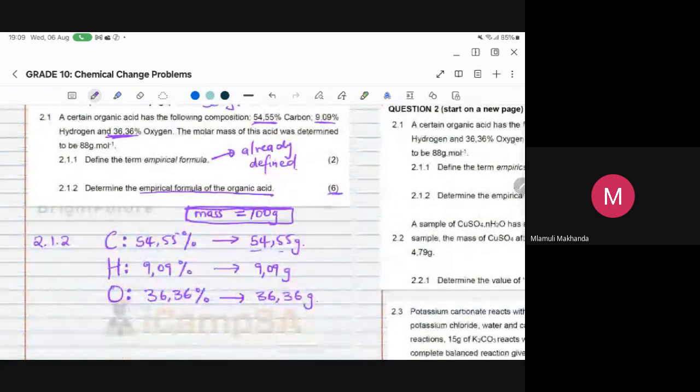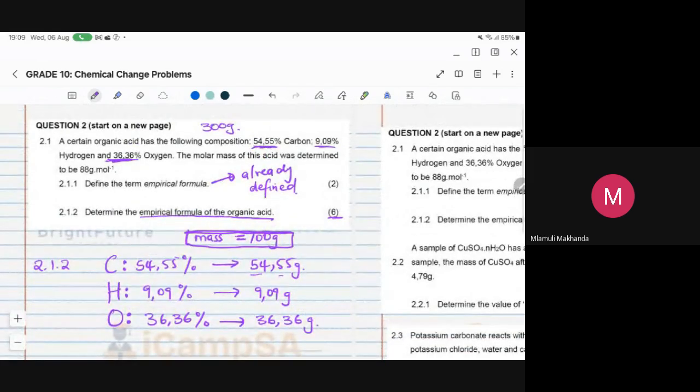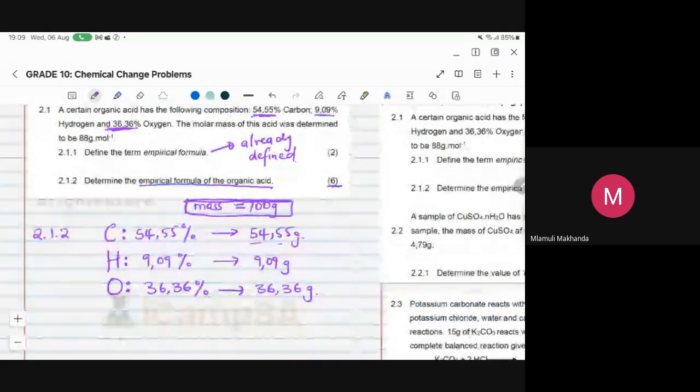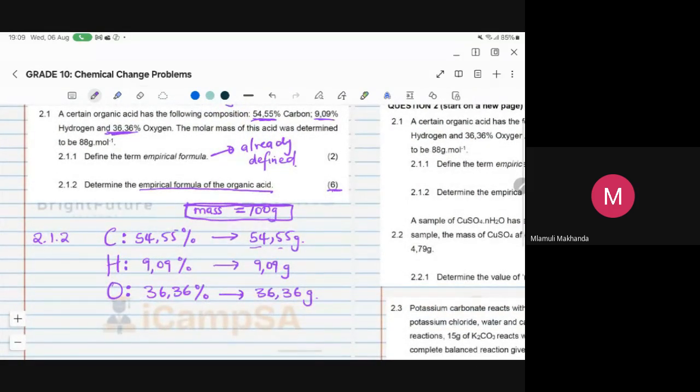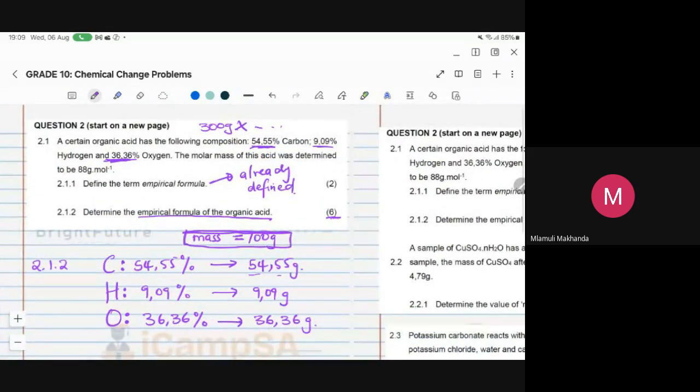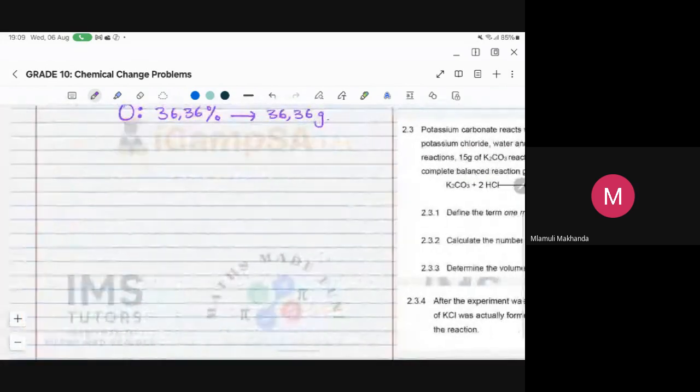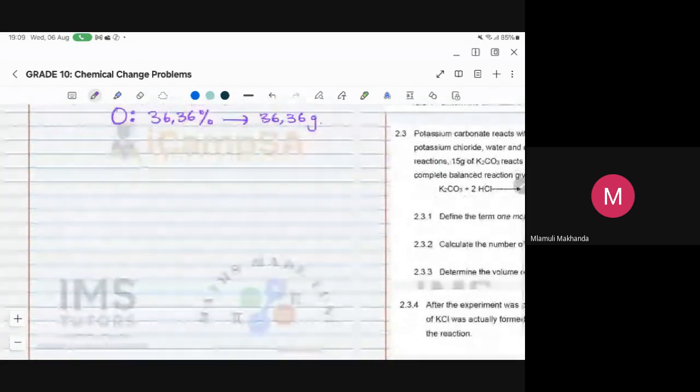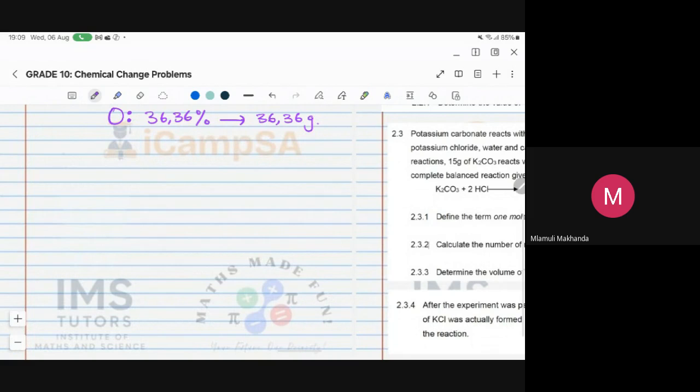So what you would do then, you would take these percentages and multiply this 300 to get the individual masses of each element. So in this case, we just assume it's 100 because we have not been told the actual mass. So if you're not told the mass, you just take the percentages as they are and you convert them to mass.